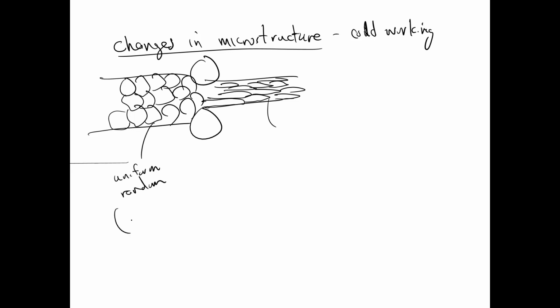This material on the left is somewhat isotropic in that the properties are pretty uniform. Afterwards, it's squished out. It's not randomly oriented anymore. Now it's not isotropic anymore, or anisotropic. That has some important implications for materials and metals.